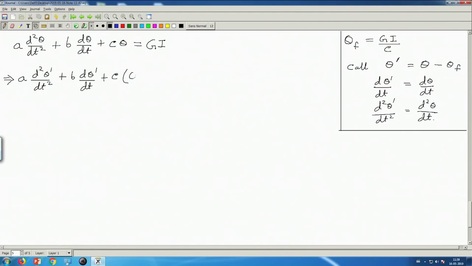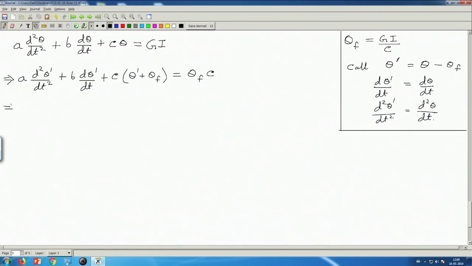So, let us write theta prime plus theta f, and gi, we know gi is equal to theta f times c. So, here we write theta f times c. Okay.